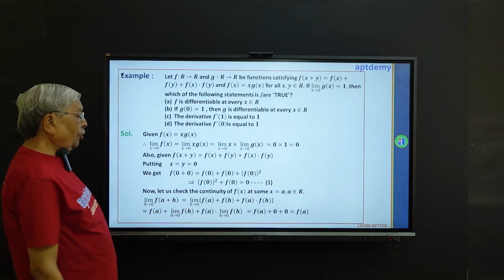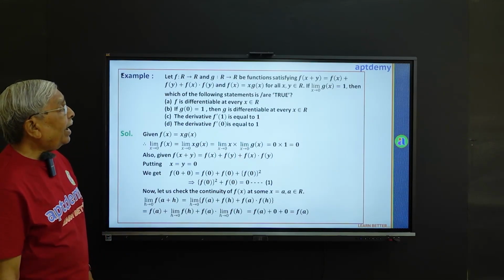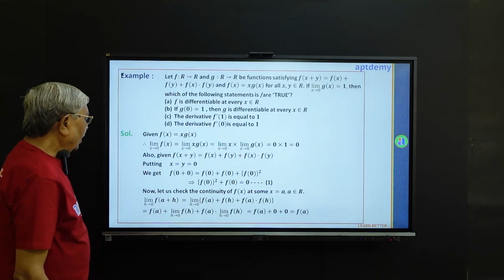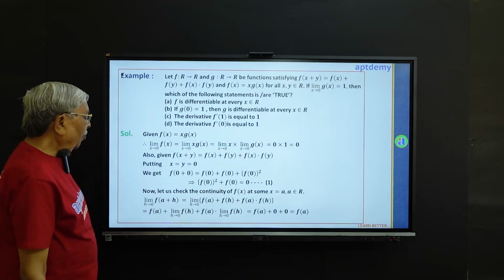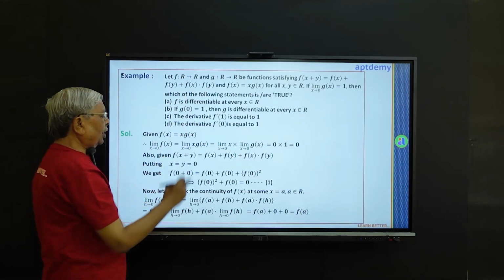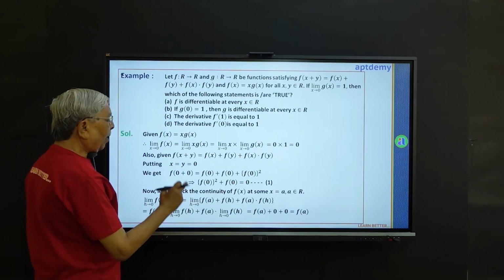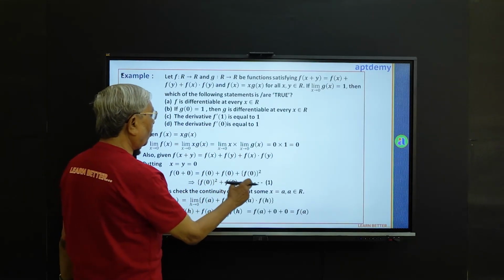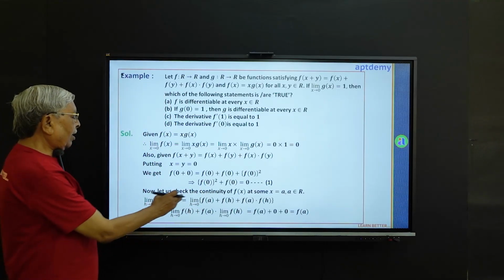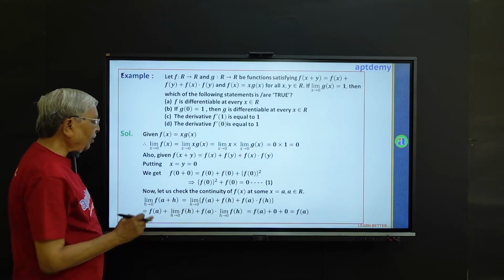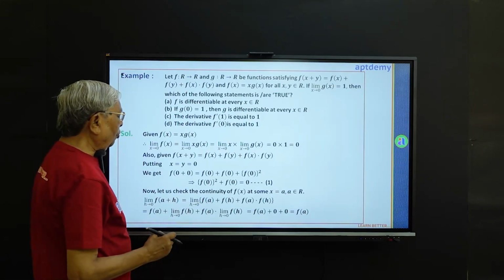Now let us check the continuity of the function f(x) at any point x equal to a where a belongs to R. So limit h tends to 0 of f(a+h). By our given condition, we can write this as limit h tends to 0 of f(a) + f(h) + f(a)f(h). Now if we take the separate limits, f(a) is a constant, plus limit of f(h), plus f(a) into limit of f(h).